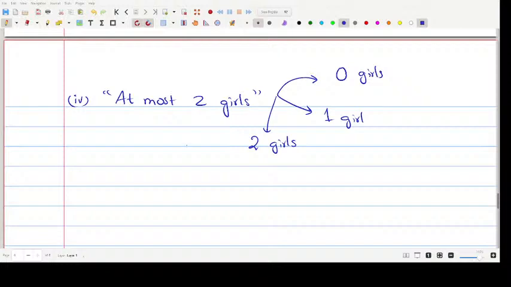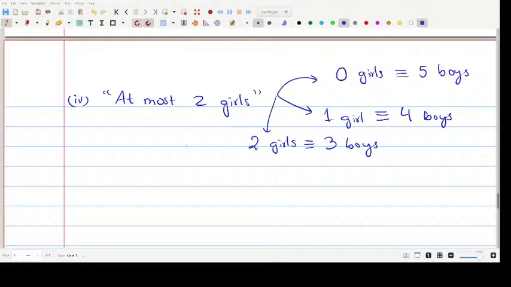So if there are 0 girls, that is equivalent to 5 boys, because the total number of children in a family is 5. And if there is just 1 girl, that is 5 minus 1, that is 4 boys, and 2 girls is again equivalent to 3 boys, right?